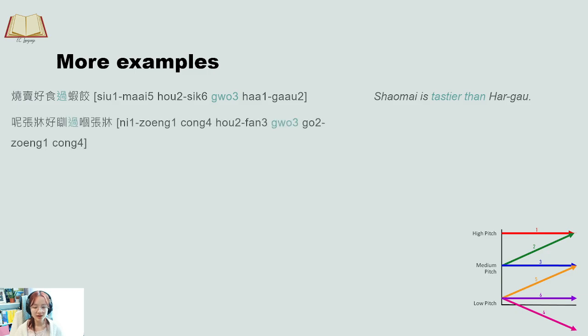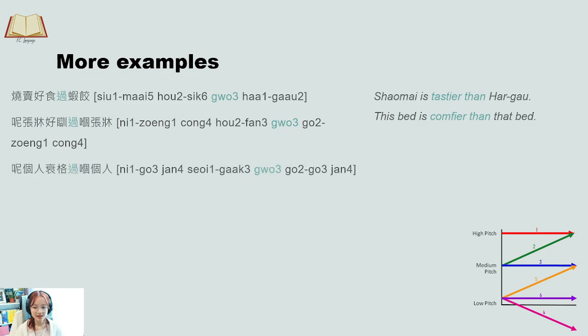呢張床好瞓過嗰張床. This bed is comfier than that bed. 呢個人衰格過嗰個人.